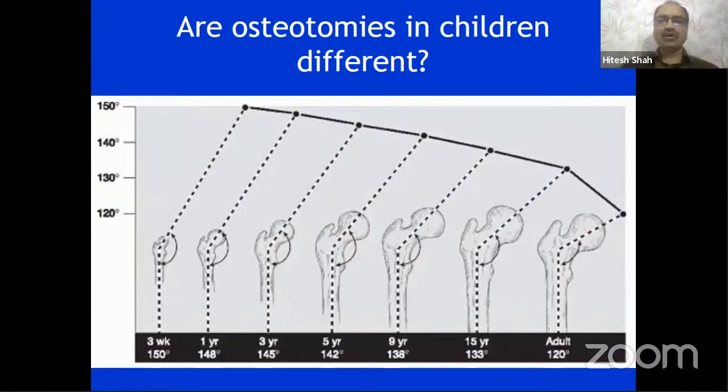When the child is born, the neck shaft angle would be around 160 degrees, and as it grows to adult, it will reach 120 degrees. So it is impossible to predict what the neck shaft angle will actually be, and different pathologies will behave differently. So it would not be identical for all pathologies. That is the reason osteotomy in kids is different.